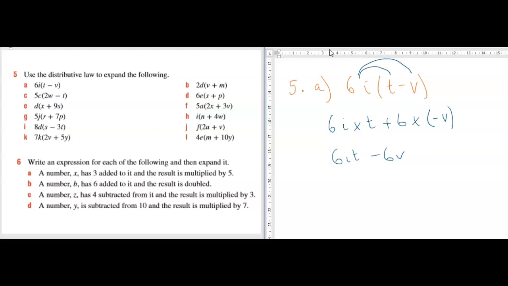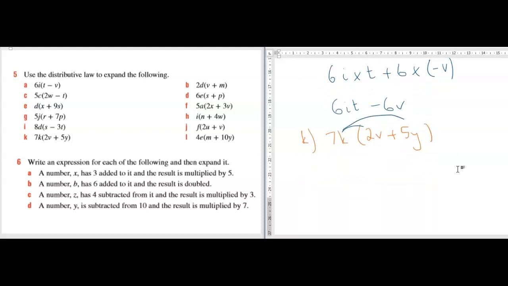All right, let's do k. So 7k times 2v plus 5y. Again, we're expanding by multiplying both terms inside the bracket by 7k. So 7k times 2v plus 7k times 5y.